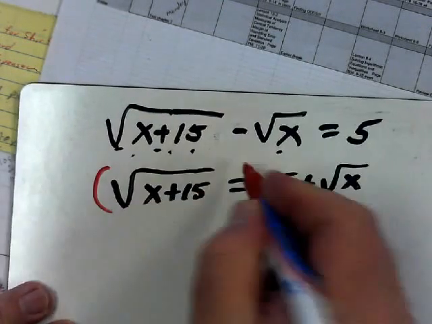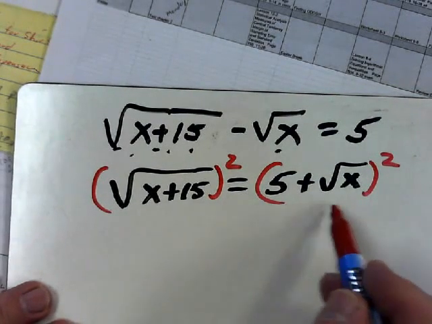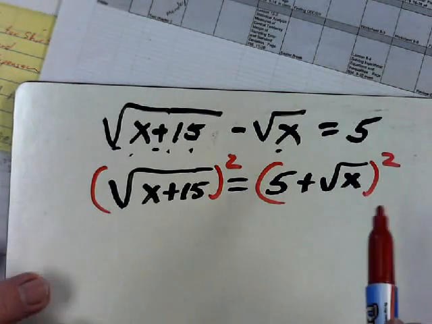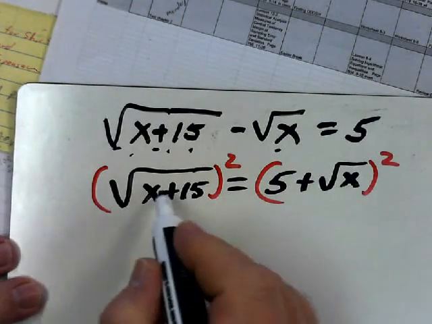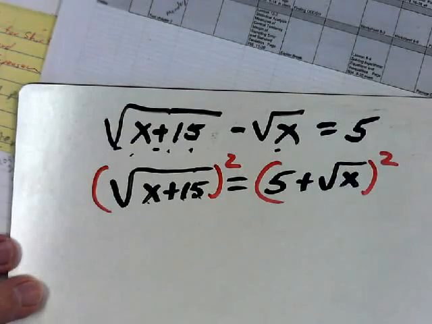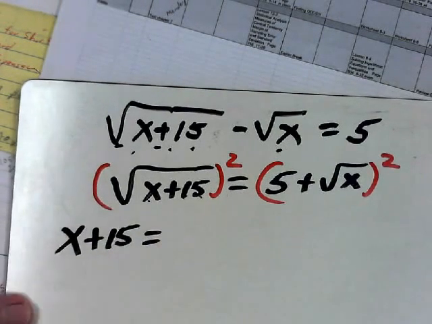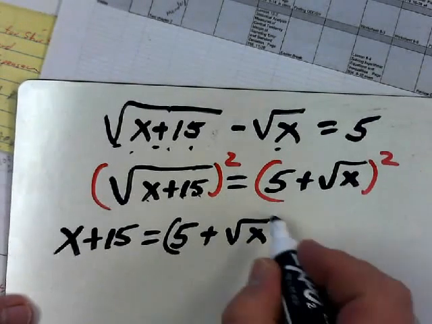Square both sides. I have a binomial again over here, don't I? Two terms. So I'm going to end up using the FOIL method. But what is x plus 15, the square root of squared? Equals. I would write this out so you remember to multiply everything together.